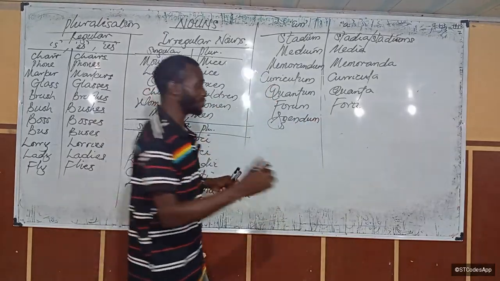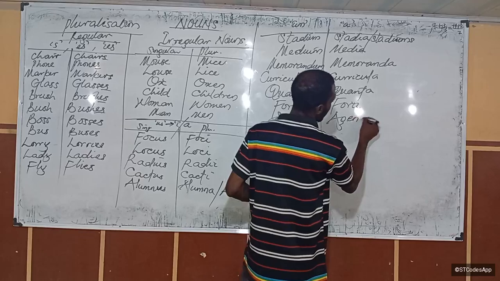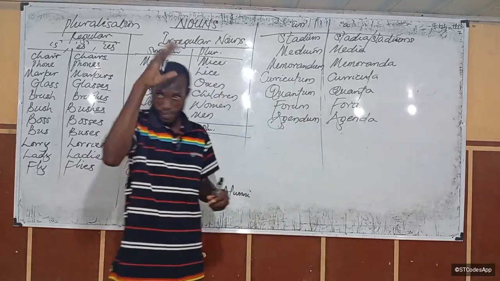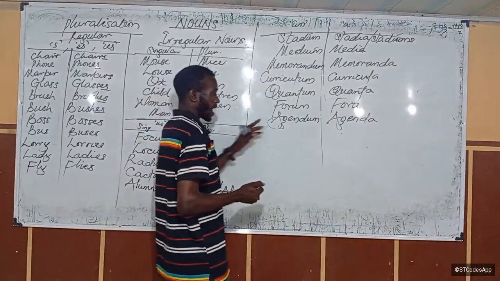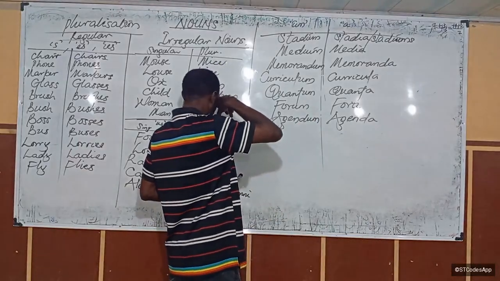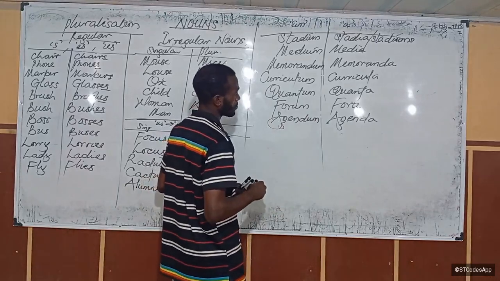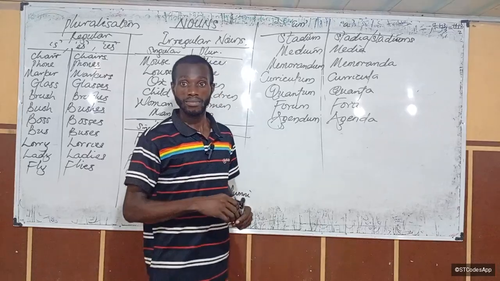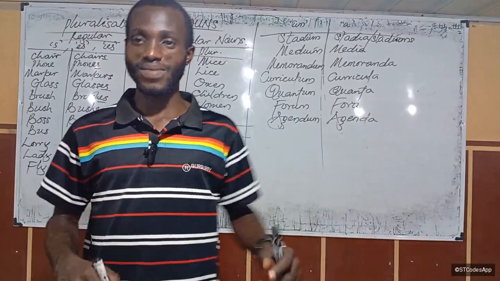I have an addendum. Then we have the agenda of the meeting. Is that okay? Agenda means the list, plenty addendum, kind of. All right. So I have an addendum, plenty agenda. All right. We also have platinum. Platinum is a metal.